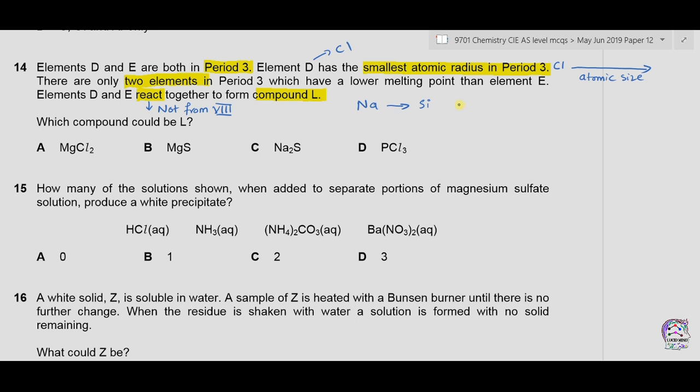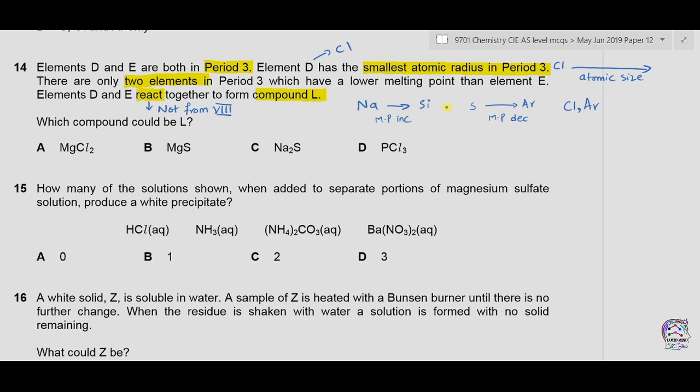And then we can see that the trend is decreasing from sulfur to argon. So melting point increases for the first half, and then melting point decreases from sulfur to argon. So the only 2 elements which have the lowest melting point in period 3 are chlorine and argon.